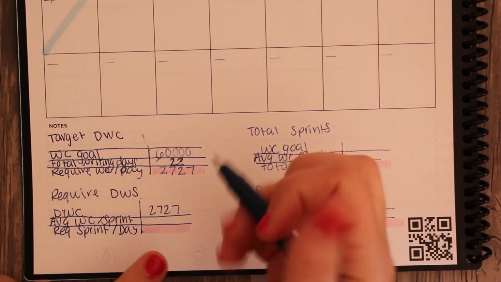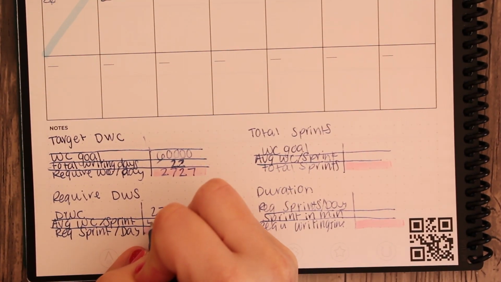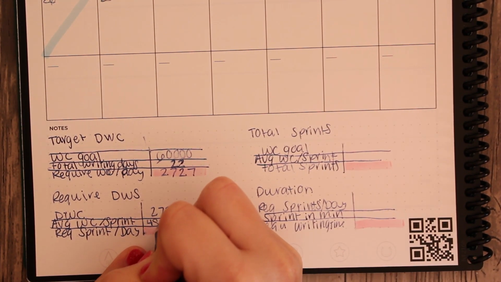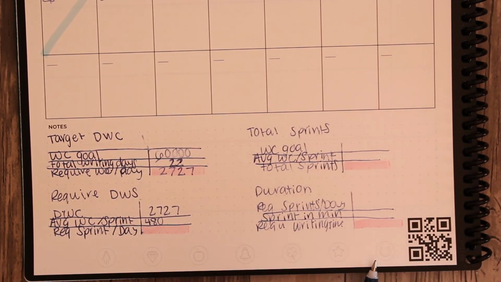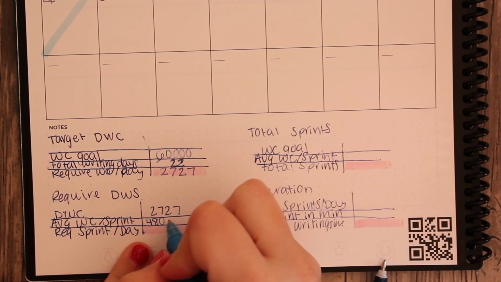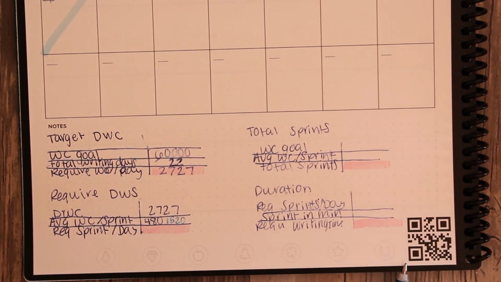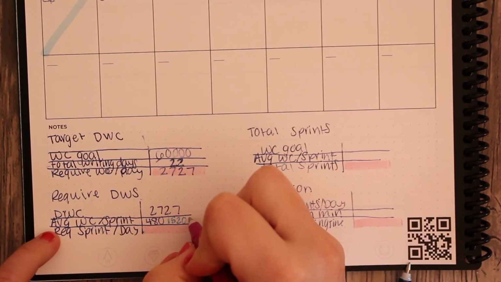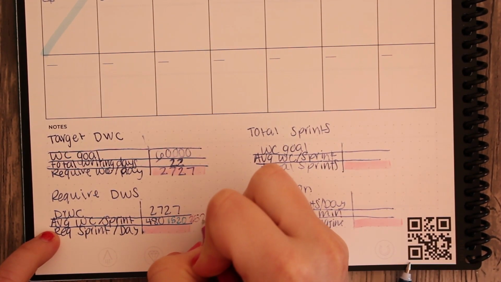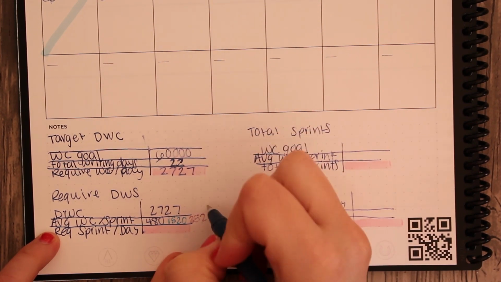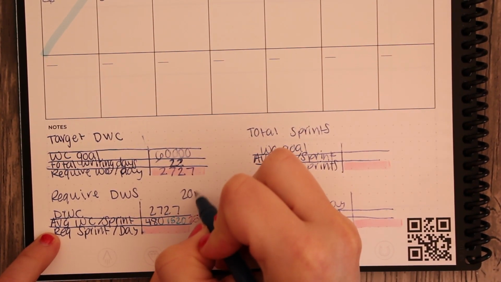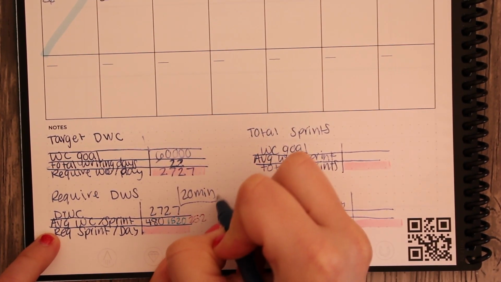Okay, so what we have is 480, 1520, and 252. And these are all for a 20-minute sprint.